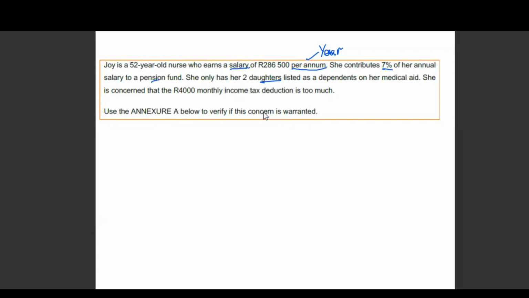So what you're going to do first, you need to look for taxable income, which we said equals the gross minus the tax deductibles. Now here we only have pension. All right.